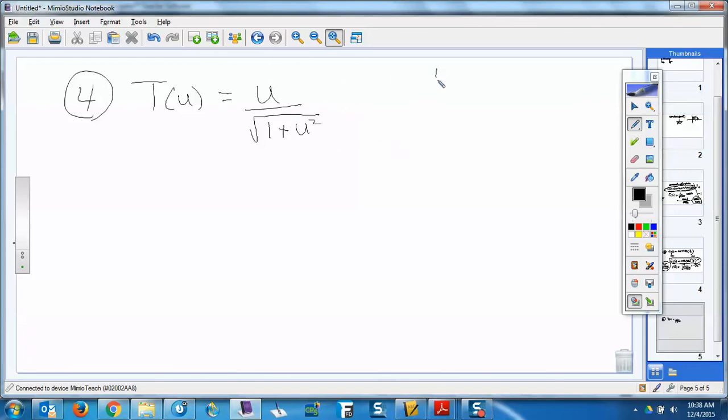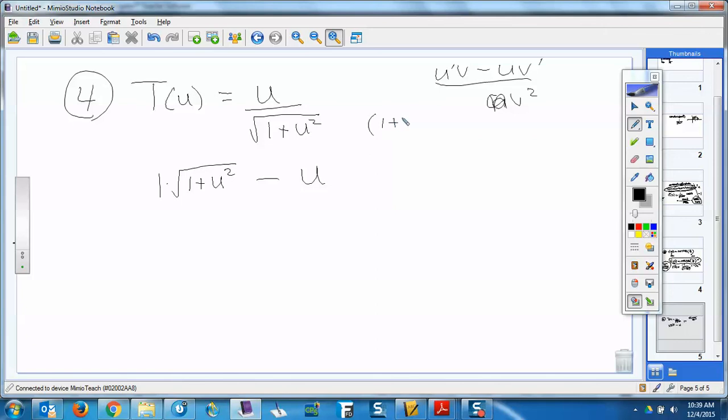So if we're going to do a quotient rule, it would be like so. Derivative of the top is 1. Remember, it's with respect to u, right? We're doing the derivative with respect to u. So derivative of the top is 1. Bottom left alone, you could just put it as square root, or you could put it as 1/2 power. Either way is fine. Minus the top left alone, and derivative of the bottom.